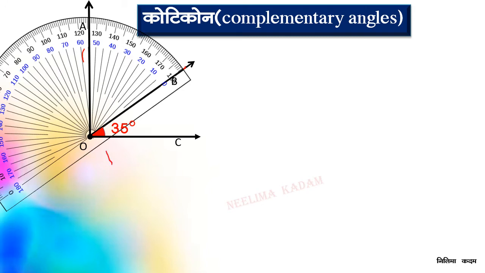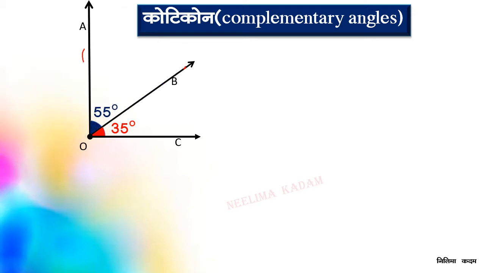We will put this protractor on this point O, and this zero line will coincide with OB, right? Now measure this angle. How much it is? 10, 20, 30, 40, 50 and 55. So angle AOB is equal to 55 degree.